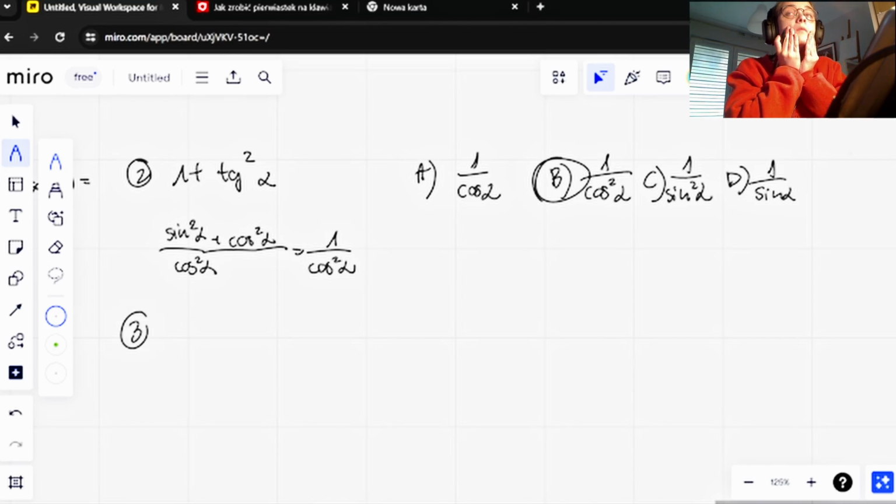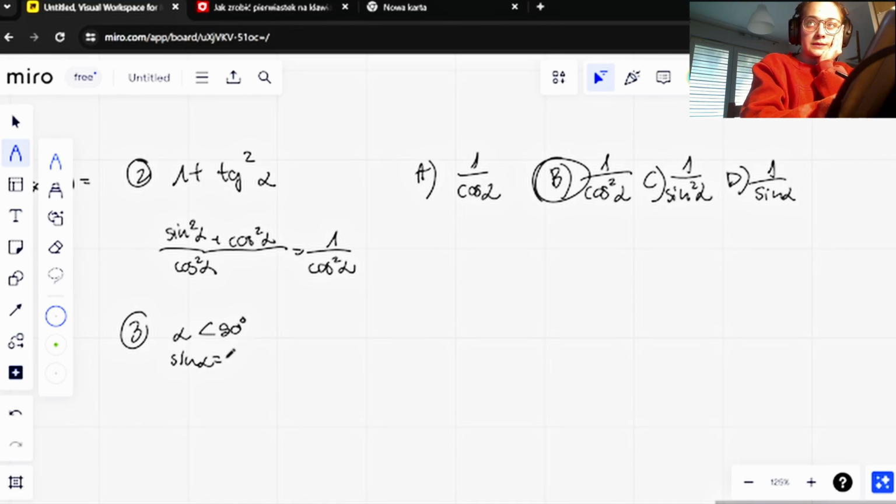Acute angle and sinus alpha is 1/5, and we need to find cosinus. Spoiler warning, if you haven't realized, I'm very sick in this recording and my brain was fried.